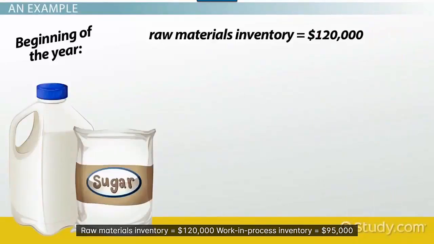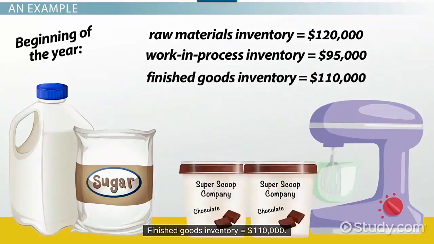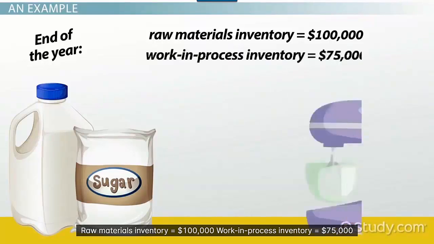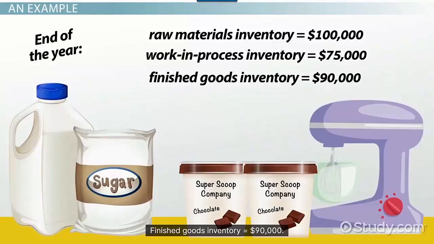Let's assume that the Super Scoop Company has the following inventory balances at the beginning of the year. Raw materials inventory equals $120,000. Work in process inventory equals $95,000, and finished goods inventory equals $110,000. At the end of the year, the balances were raw materials inventory equals $100,000, work in process inventory equals $75,000, and finished goods inventory equals $90,000.